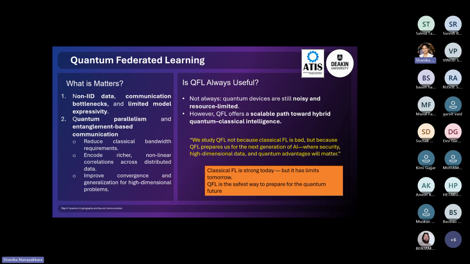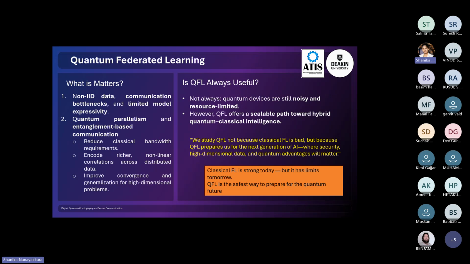This is especially useful for high-dimensional or strongly correlated data, for example genomic data. The other advantage is that quantum models can explore certain landscapes more efficiently. For example, sometimes they can work faster, converge faster, or generalize better than classical models. These are the basic advantages.